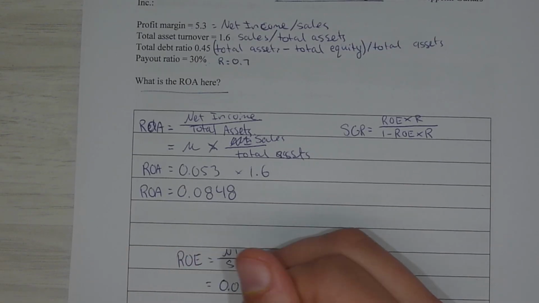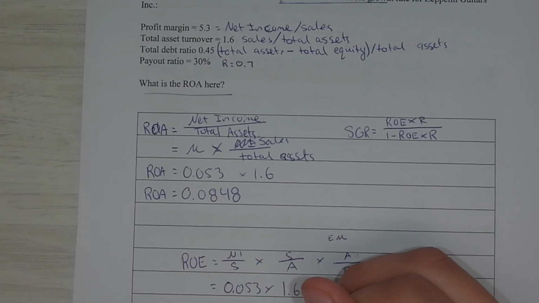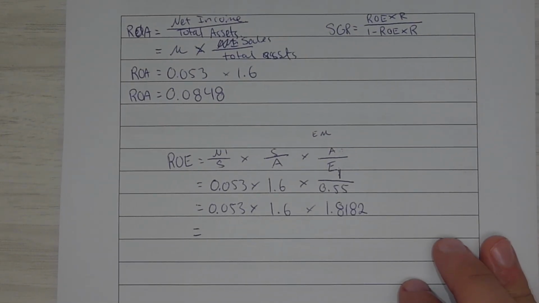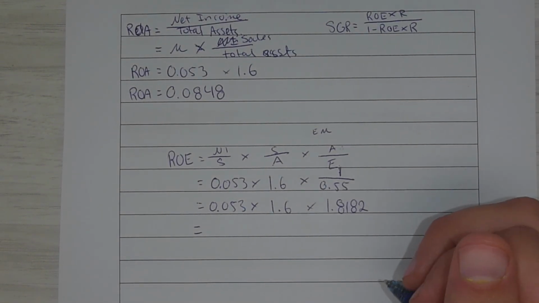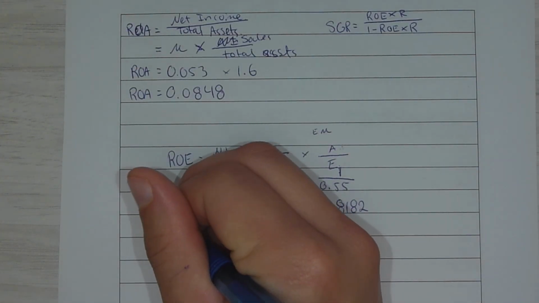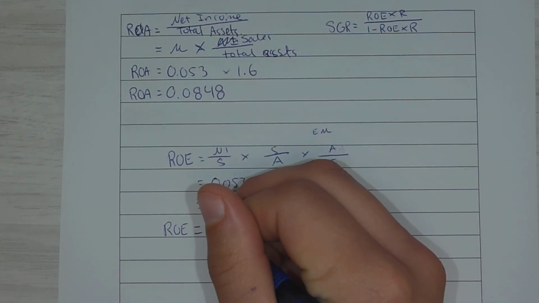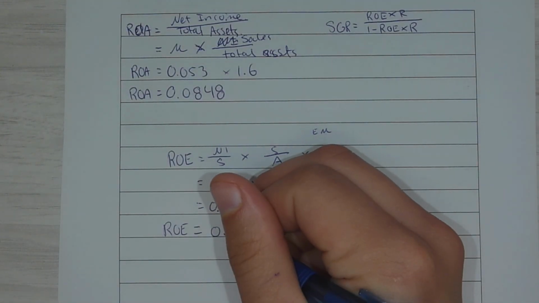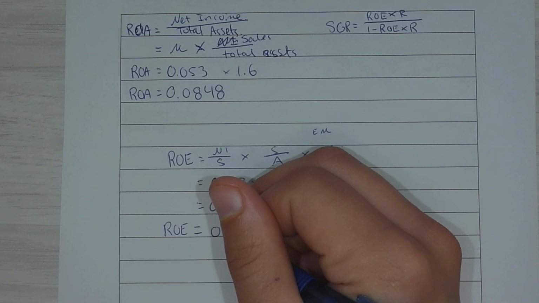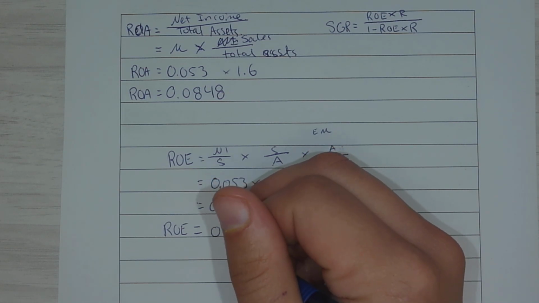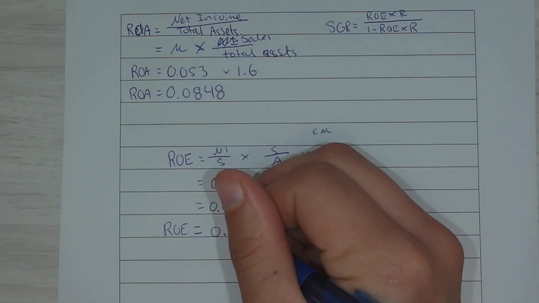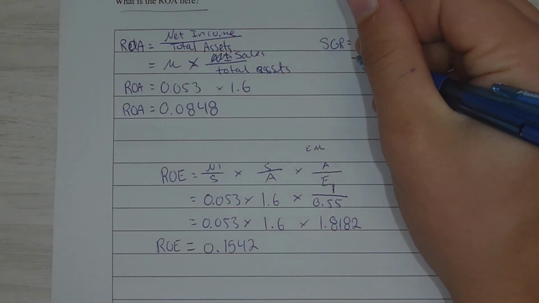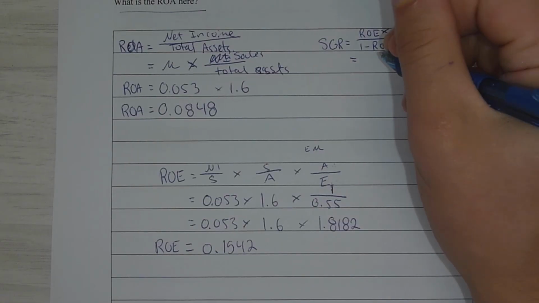And then we can finish our DuPont method ROE. Now we can plug this back into our sustainable growth rate.